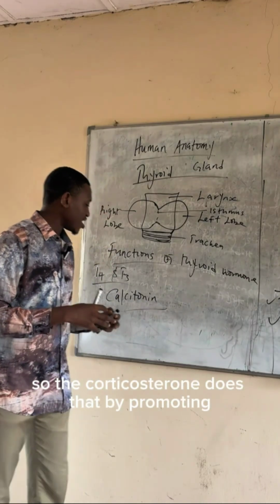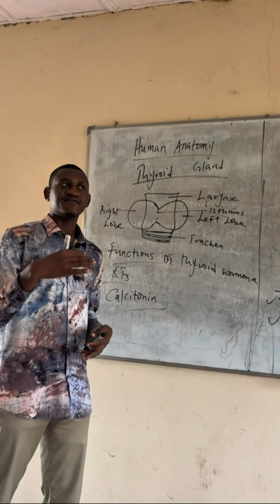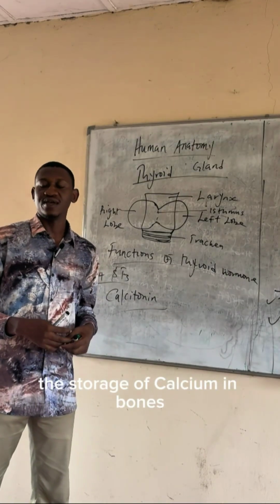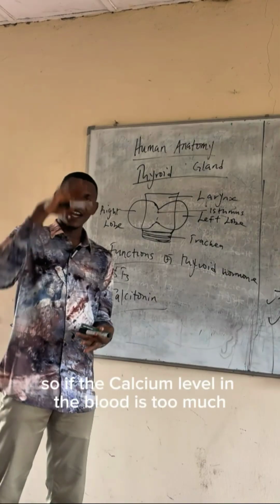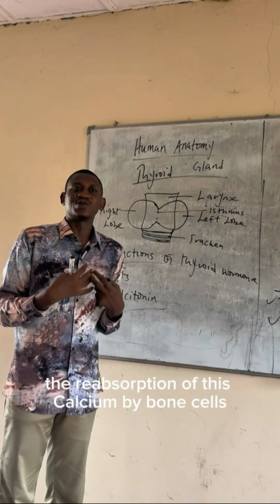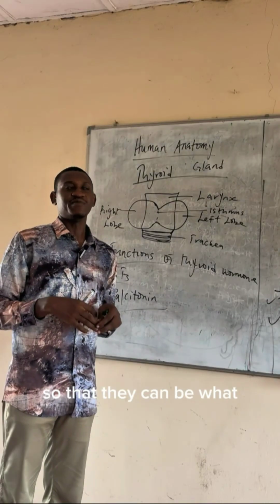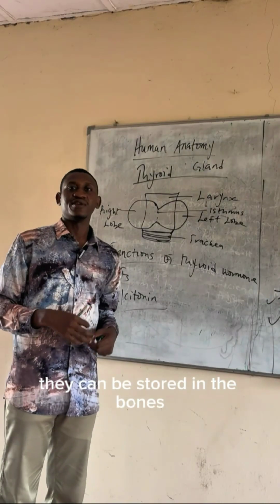It does that by promoting the storage of calcium in bones. If the calcium level in the blood is too much, calcitonin increases the reabsorption of this calcium by bone cells so that it can be stored in the bones.